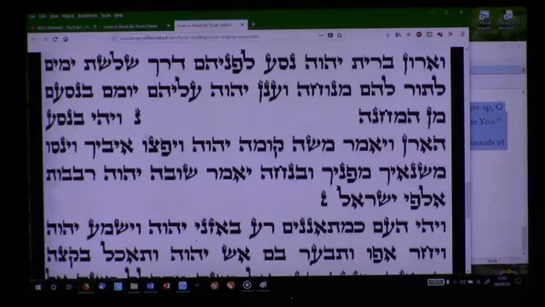You notice this little figure? Can you see that? It's an inverted nun. And there's another one at the end of what looks like a paragraph. These bracket or set in parentheses Numbers 10, 35, and 36.